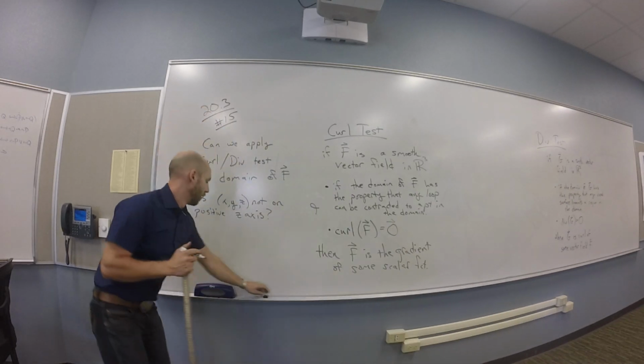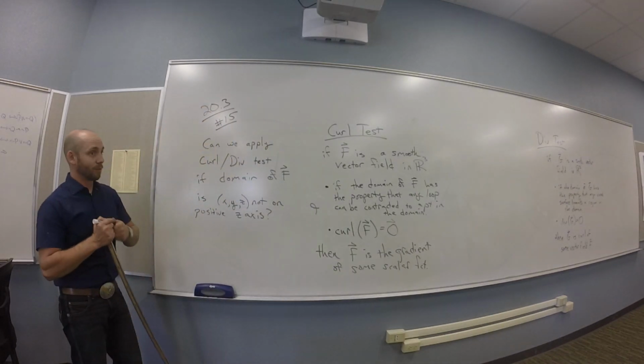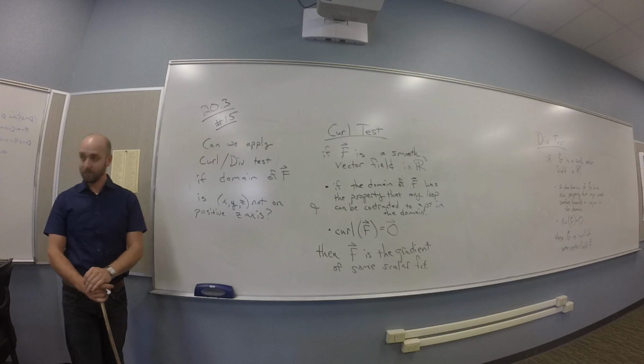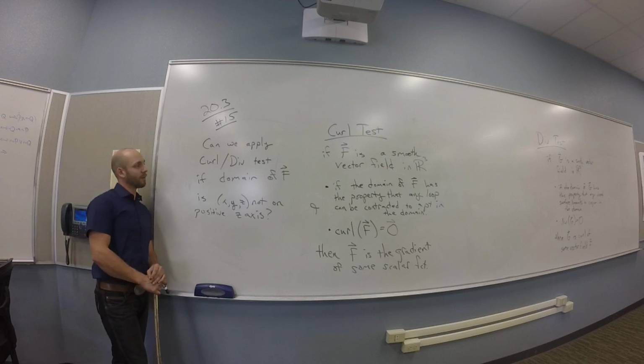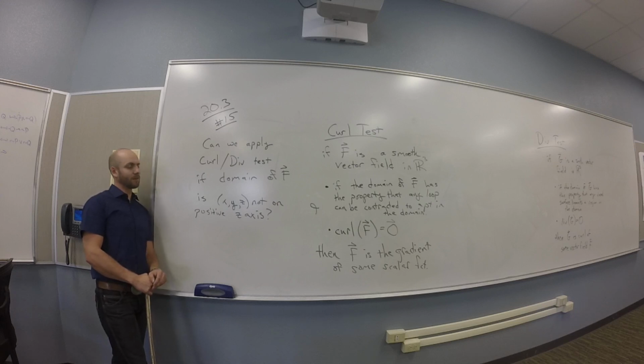Okay, so we want to do number 15 and 20.3 as an example, which says, can we apply the curl test or the divergence test if the domain of some vector field F is the set of x, y's, and z's not on the positive z-axis?